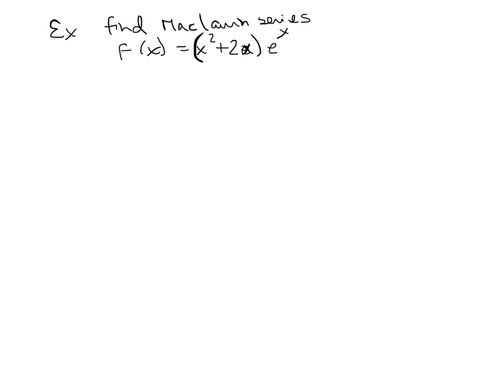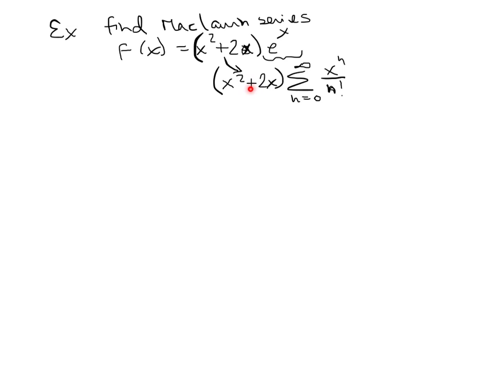Now we know the Maclaurin series for e to the x, we just found that. And even if we didn't find it, it's on the table. Sum from n equals 0 to infinity of x to the n over n factorial. And so what we need to do with this sum is multiply it by x squared plus 2x.